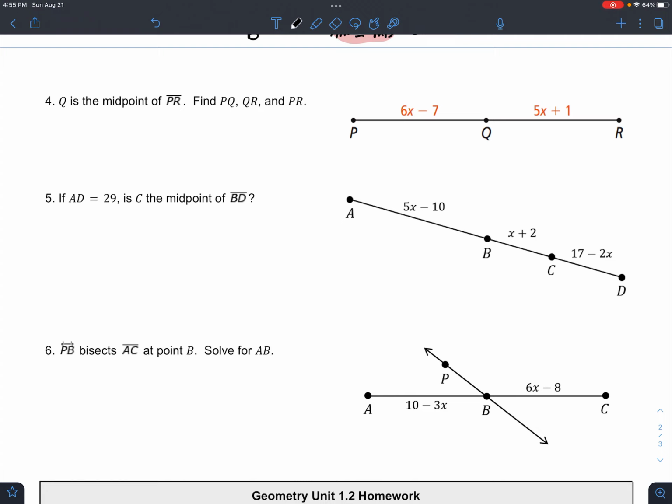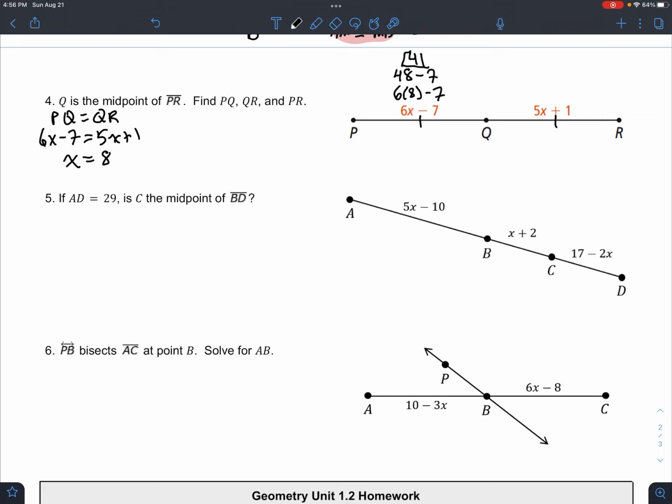Q is the midpoint. So right when they say that, I can put my marks here. That way I know that PQ is QR. Plug it in. Solve for x. I'm going to subtract 5x and add 7. Okay, I have x, so it's probably time to just plug that in. You can organize your work however you want, whatever makes sense to you.